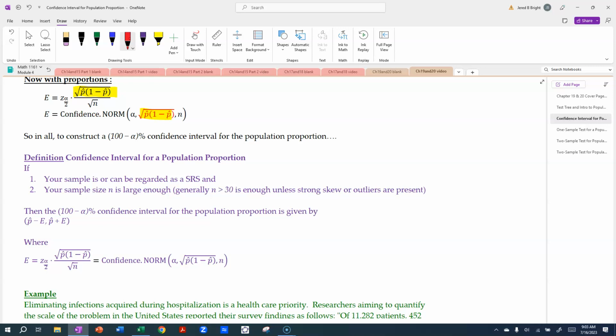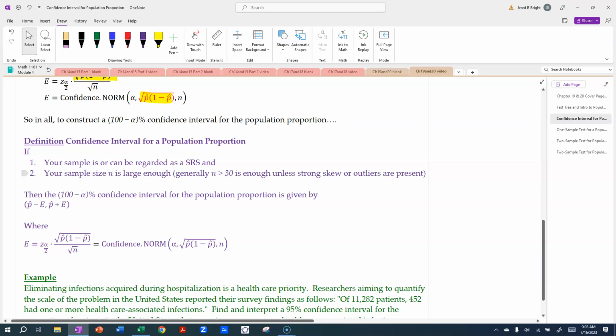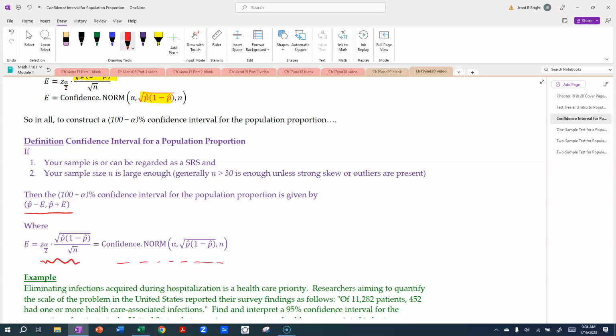If it's normal, that's always okay. Otherwise, n greater than 30 is enough. And then our confidence interval is what we saw above in the picture, p hat minus E, p hat plus E, where we calculate E, our margin of error, according to these methods, either longhand or via Excel.